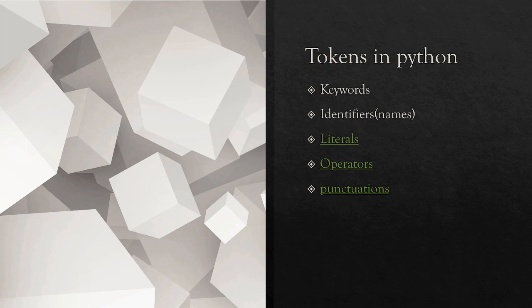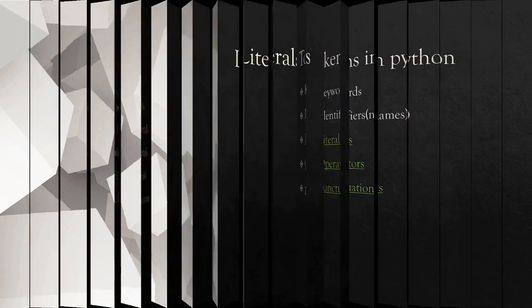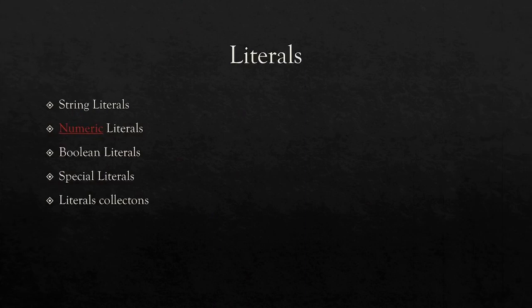When we do the programming, we will see what the keywords and identifiers are. In the previous program we used the print statement, so print is an example of a keyword.